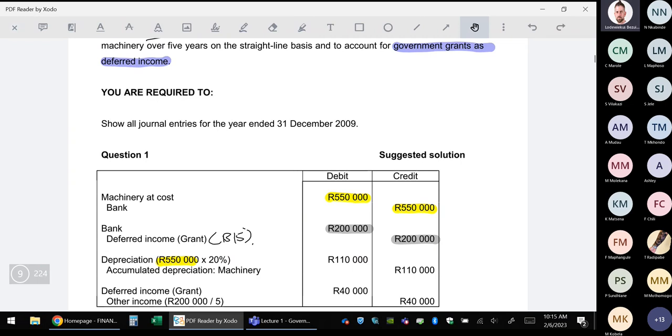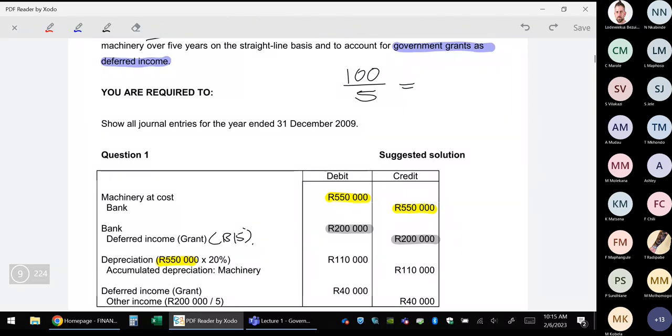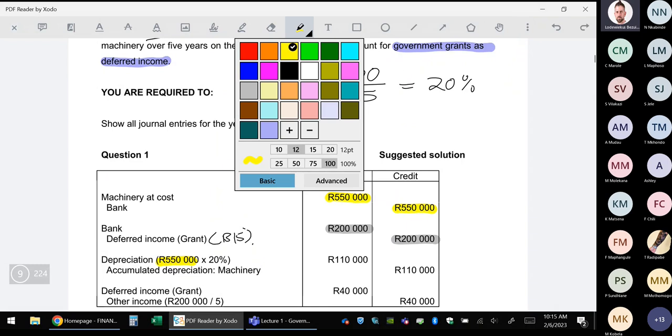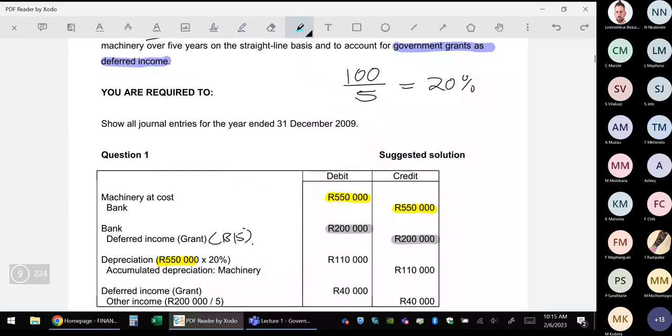All right, so remember, 100 divided by 5 gives us 20%. So 5 years and 20% is exactly the same. All right, so depreciation is 20% per year because they give us 5 years, and that gives us the 20% per year.